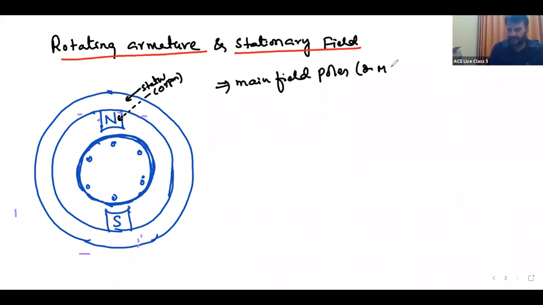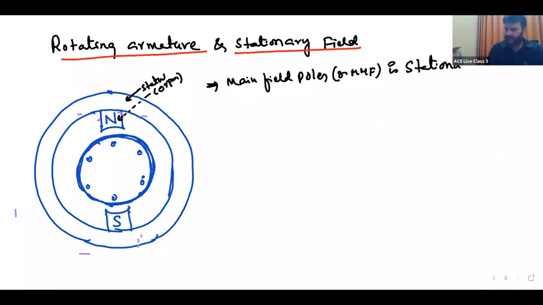Main field MMF, or main field poles, is stationary with respect to the stator.